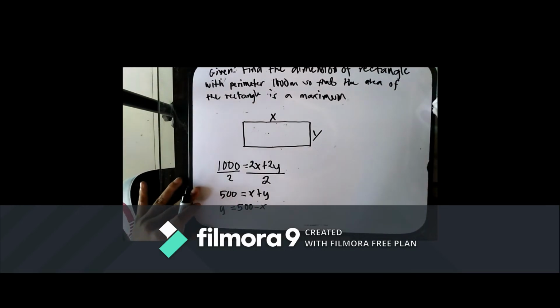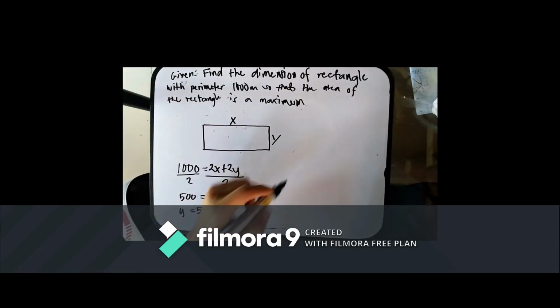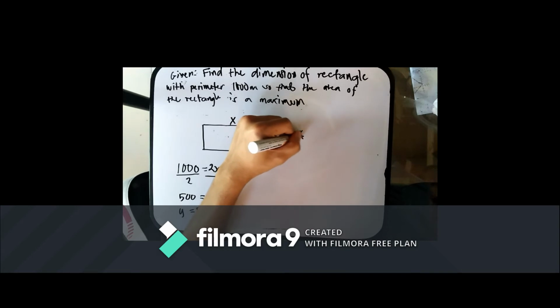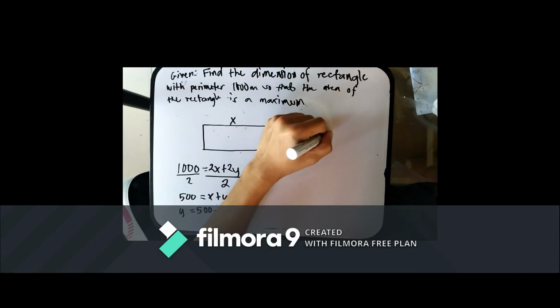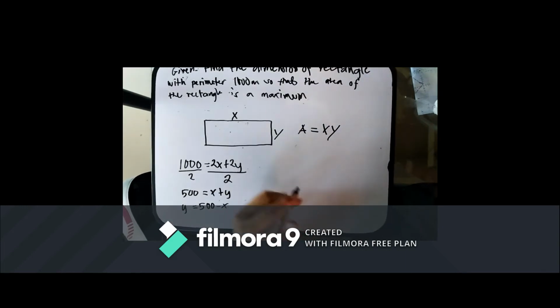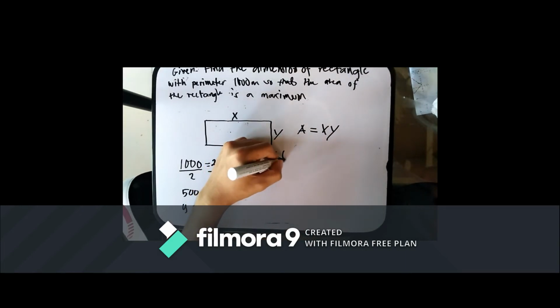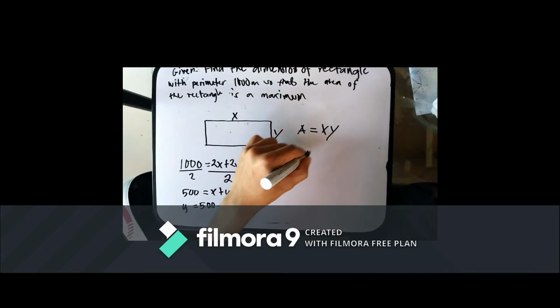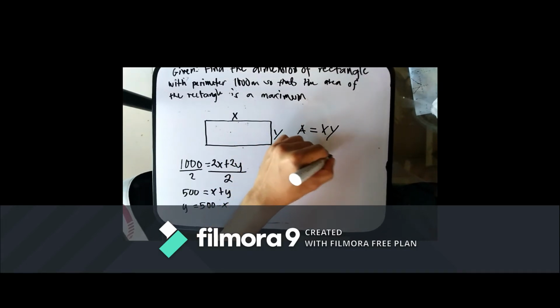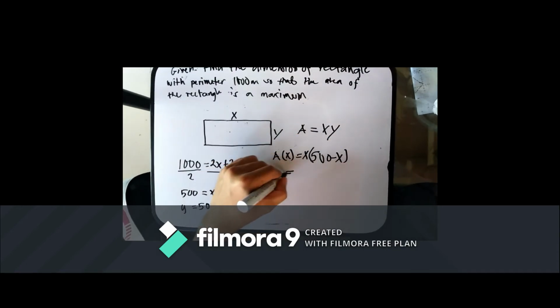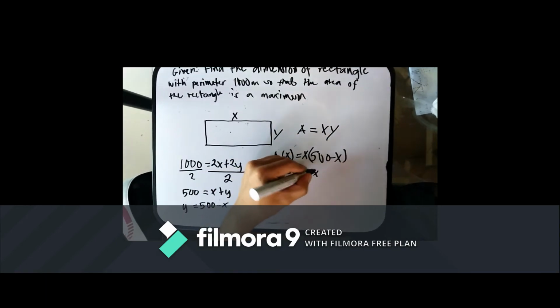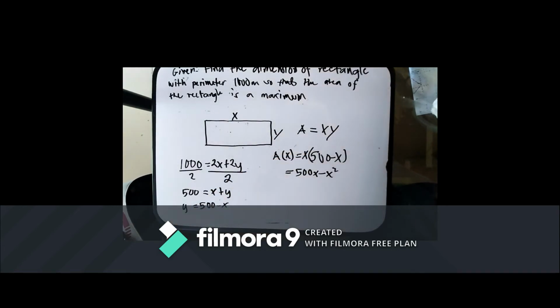And then the area is given by A equals x times y, so A equals x times 500 minus x, and you will get the answer of 500x minus x squared. Because y and x are lengths, we must have x greater than 0 but less than 500.